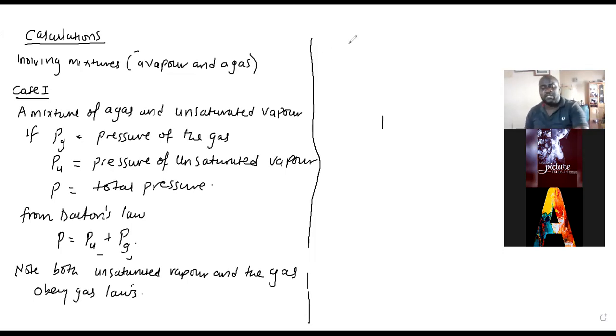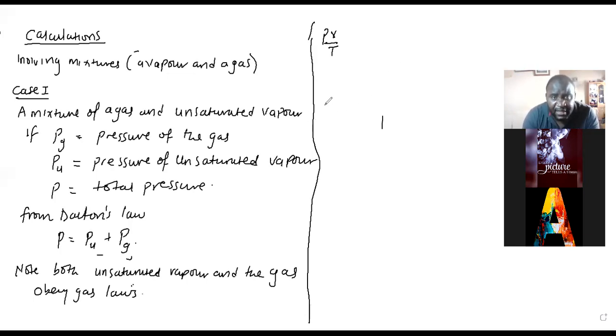So I can take you to case two. But before that, if they obey gas laws, remember from gas laws, PV over T is equal to a constant. Now, if the volume is constant, we can also say P over T is equal to a constant.